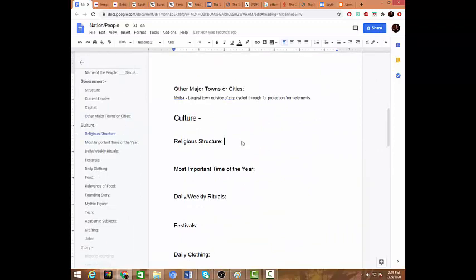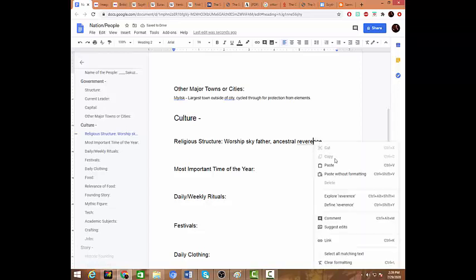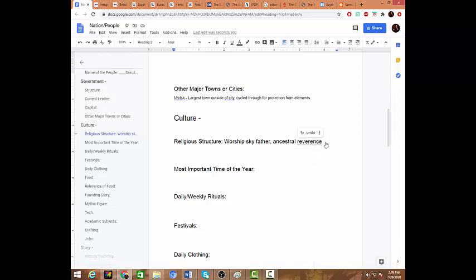Religious structure. Worship Skyfather. I'm not going to do any specifics, because I will probably use this, as I like some of the ideas that I've made, but there we go. Worship Skyfather, ancestral reverence, so they do respect their dead, essentially.